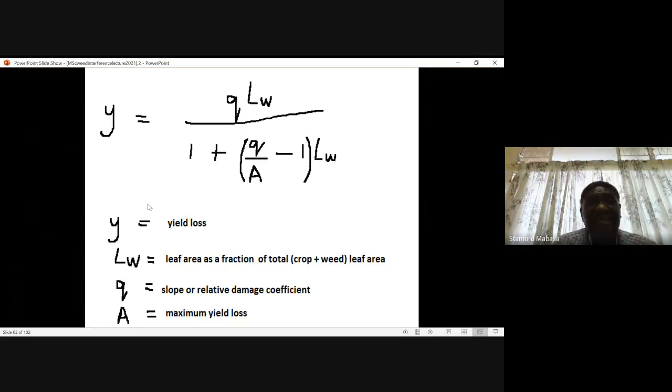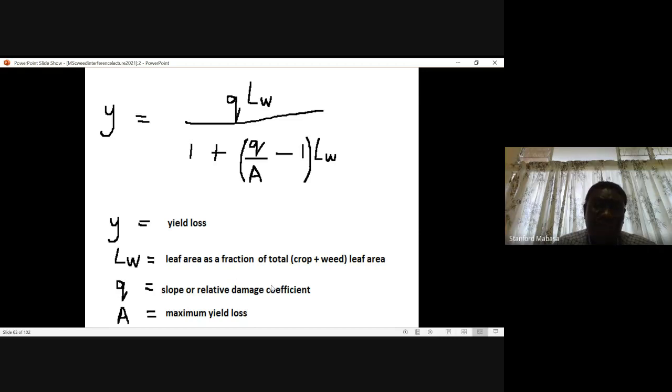They also proposed an equation for yield loss. They said yield loss was equal to Q times relative leaf area. So what is Q? Q is just like I, which is the slope of the hyperbolic curve.